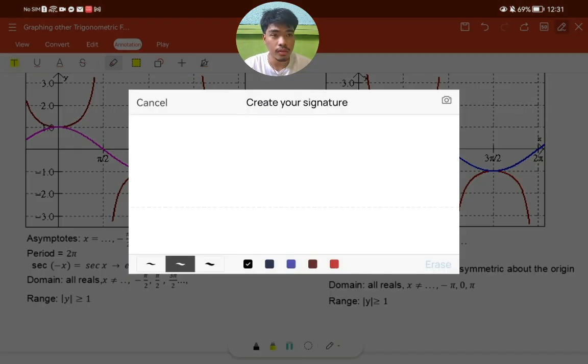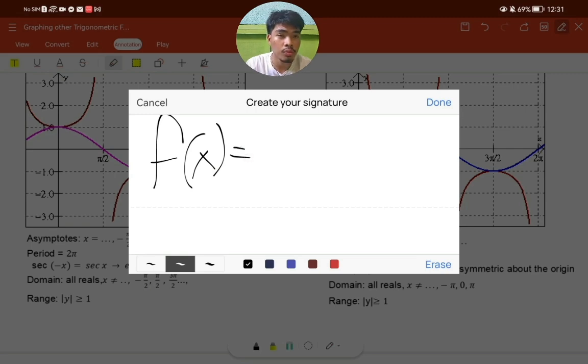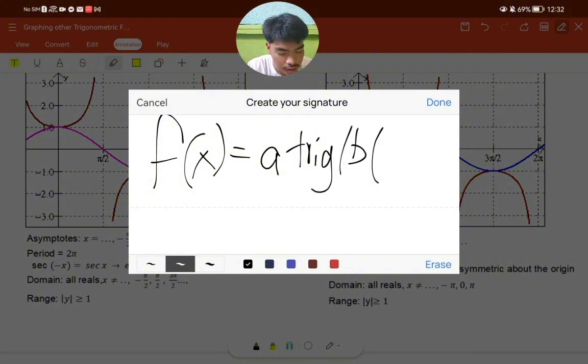So, the transformation of the formula is f(x) = A tan(B(x - C)) + D. This is our formula. Each letter acts as a specific dial that alters the graph.